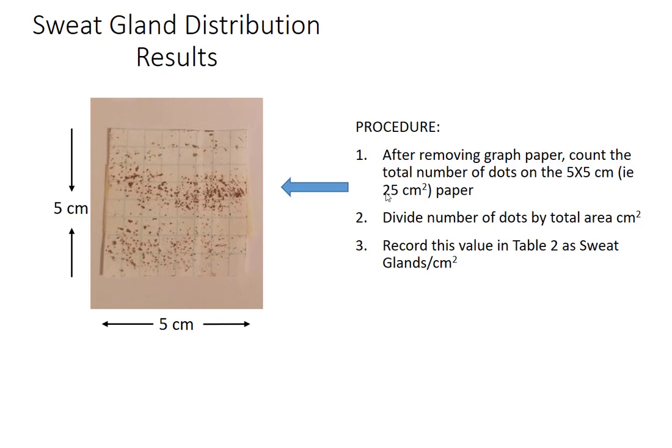So the total area in centimeters squared is 25. Now what you're going to do in step number 2 is count how many dots you see on this 25 centimeter squared paper. Divide the number of dots by 25, and this is the value you'll record in table 2 as the sweat glands per square centimeter.